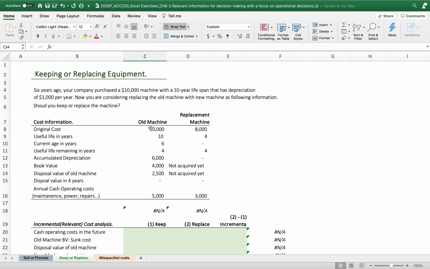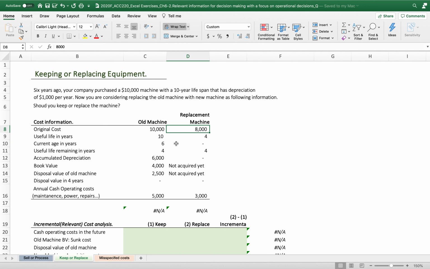Okay, we have cost information of the old and the replacement machine. The old cost is $10,000. That is the sunk cost, the irrelevant information. And the replacement machine is $8,000.